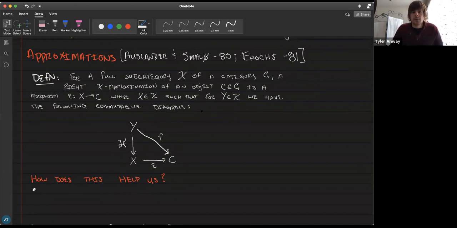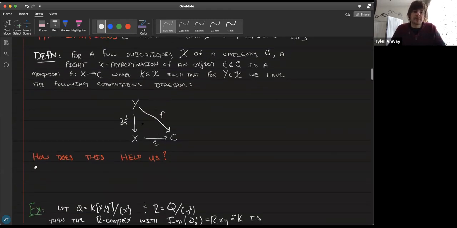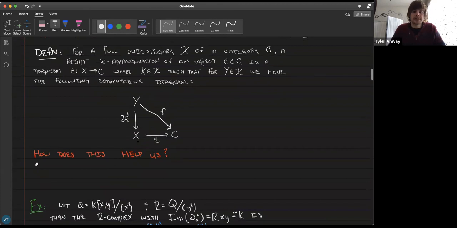If you take a full subcategory chi of a category, a right chi approximation of an object C is a morphism, and this is important, from X to C, where X is in chi, and it is kind of minimal. We have this map, which takes an object in whatever subcategory you're focusing on and maps it into the object that you want to approximate. It does so such that any other map must factor through our approximation, and therefore it's kind of minimal in some sense.